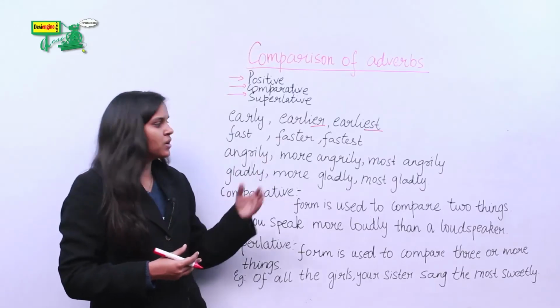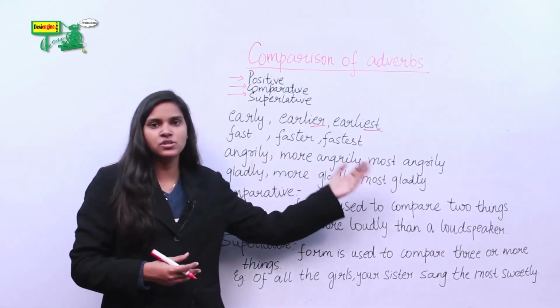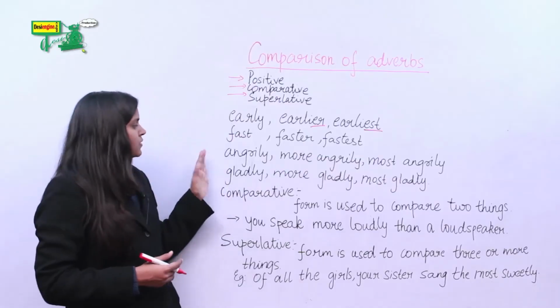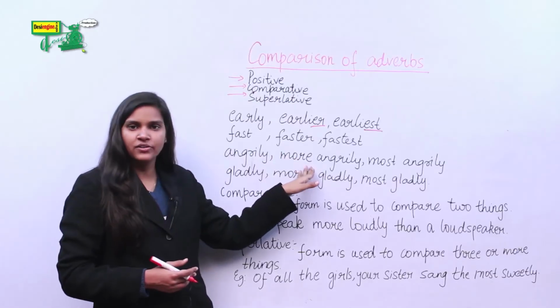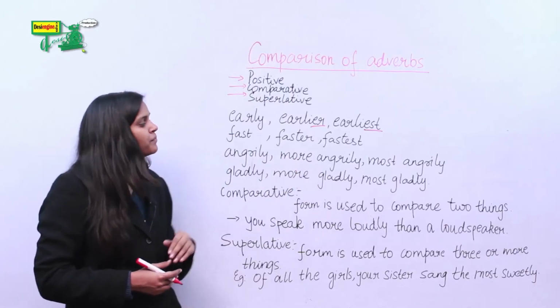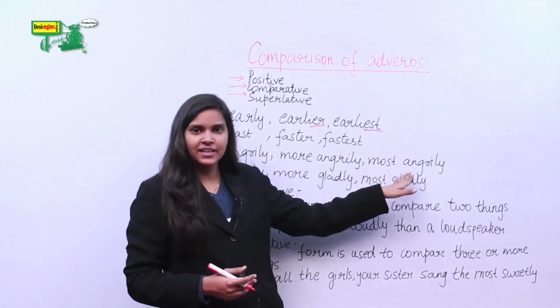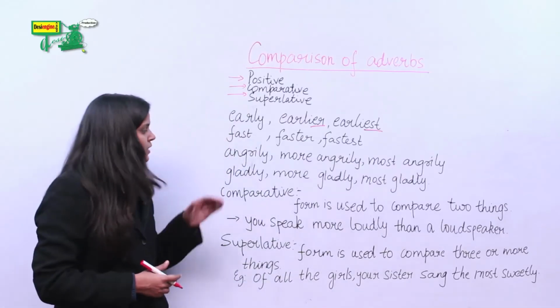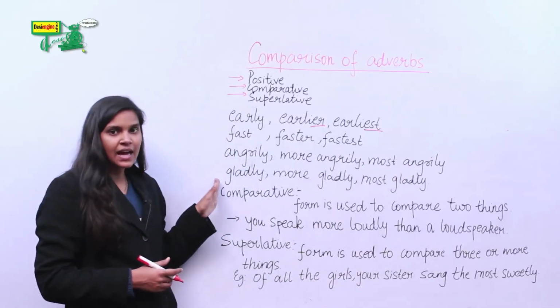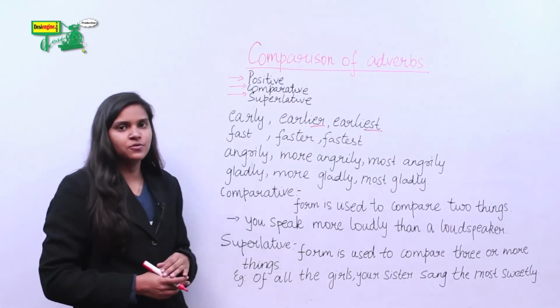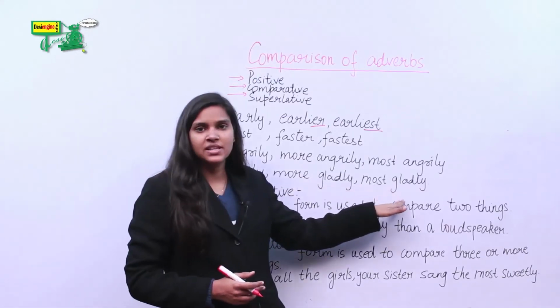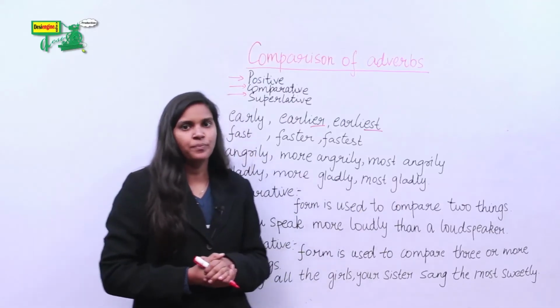They take up more and most along with them. For example, angrily becomes more angrily in the comparative form and most angrily in the superlative form. Similarly, gladly becomes more gladly in the comparative form and most gladly in the superlative form.